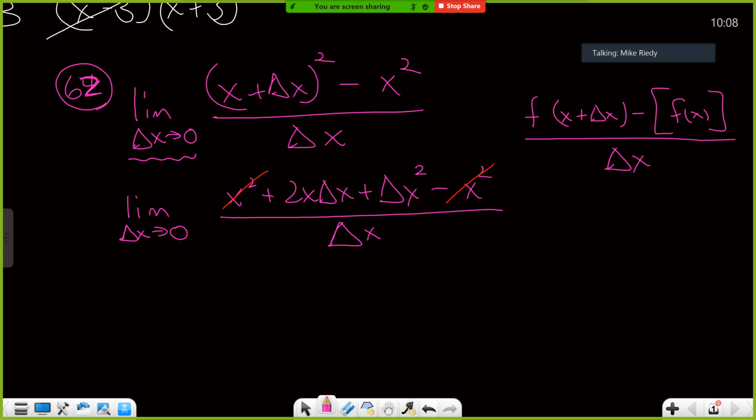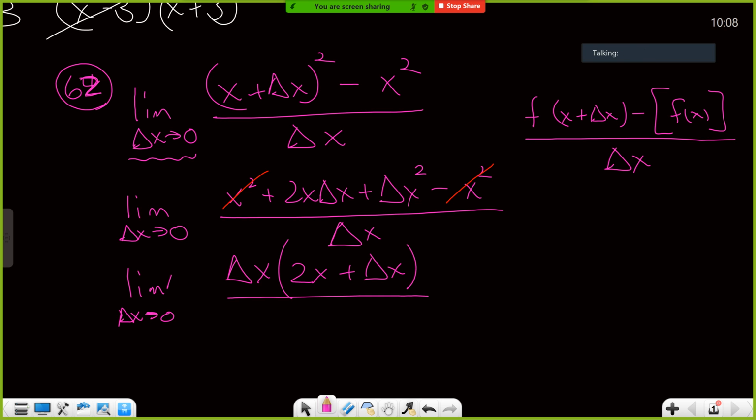Okay, now what? Limit as delta x approaches 0. The top has a delta x in common. Going to factor that out. Cancel again.